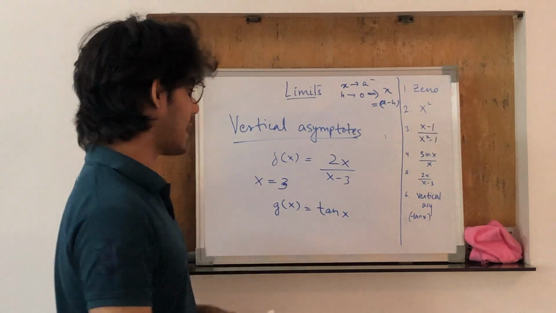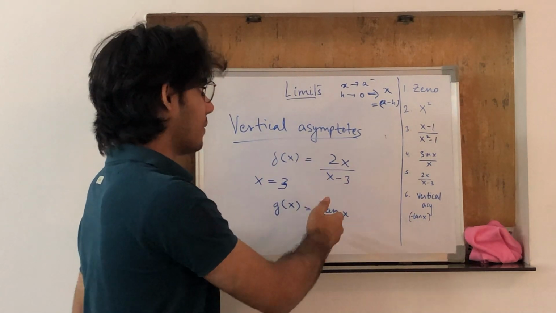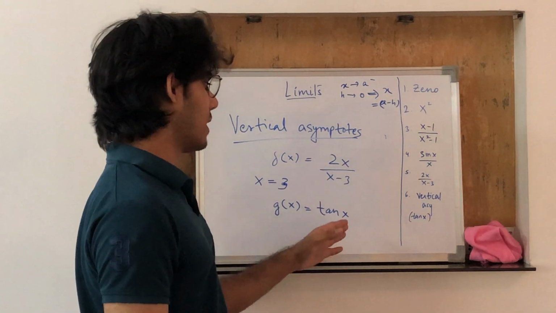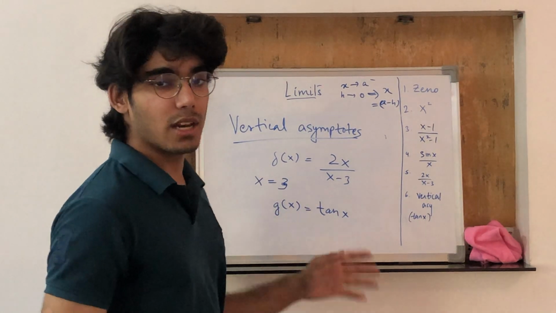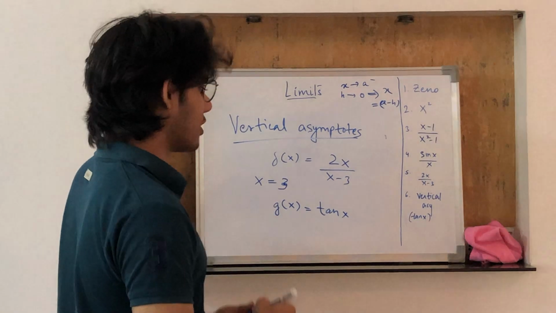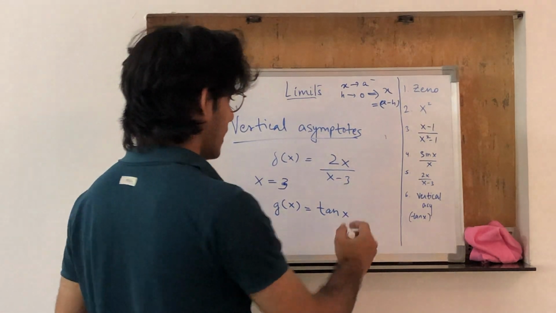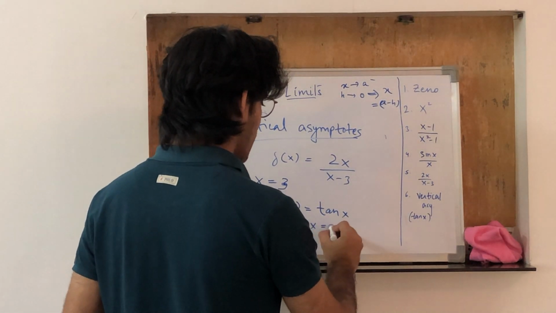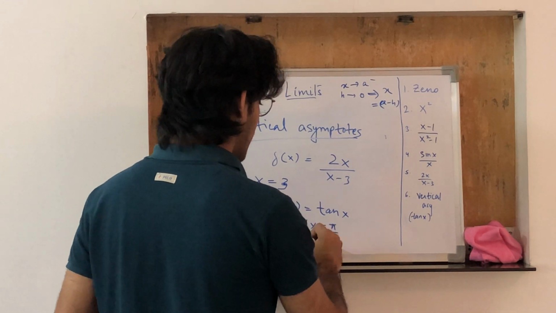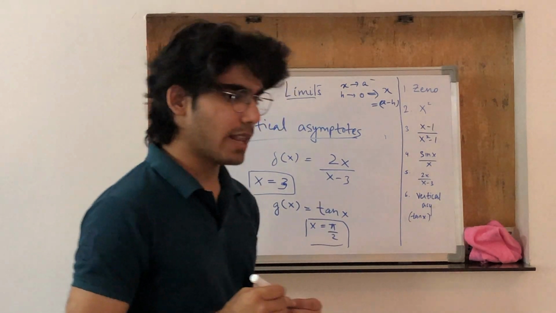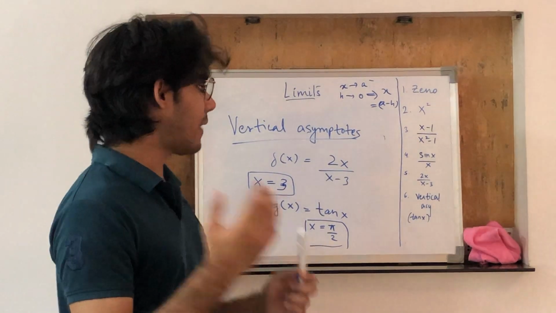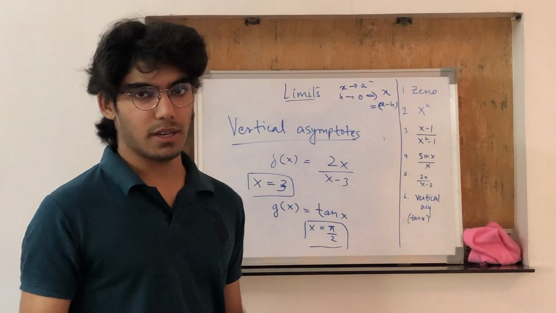So for finding the vertical asymptote, you're just going to ask, for what value of x is my y going to be infinite? And if you remember your trigonometry, it's going to be x is equal to pi over 2. So that's your vertical asymptote. It's just the x value for which your function is going to approach infinity.